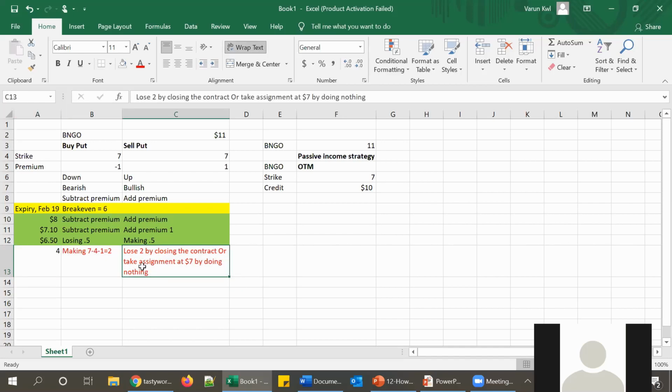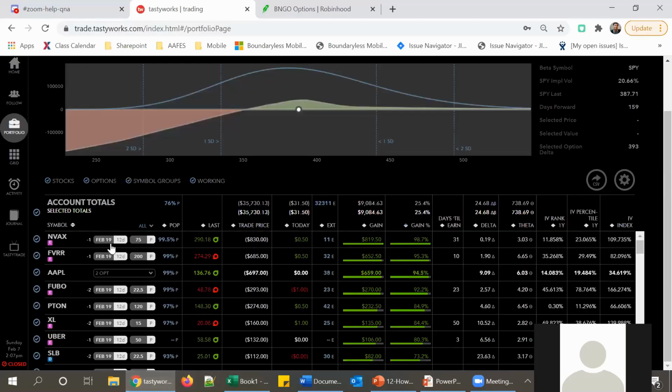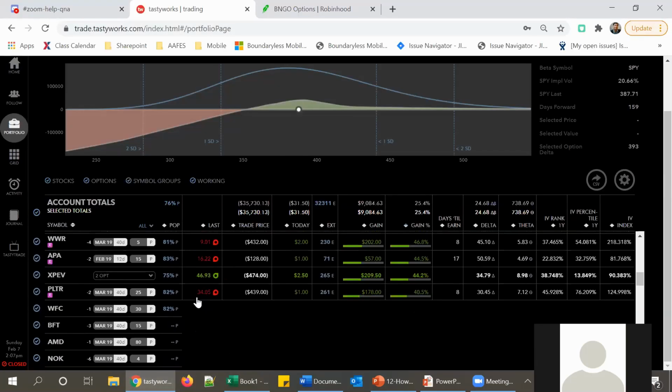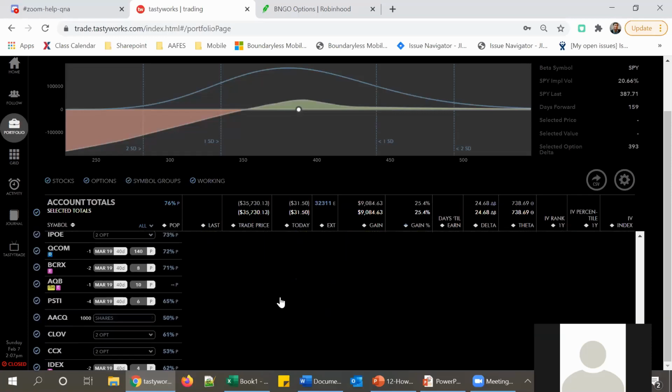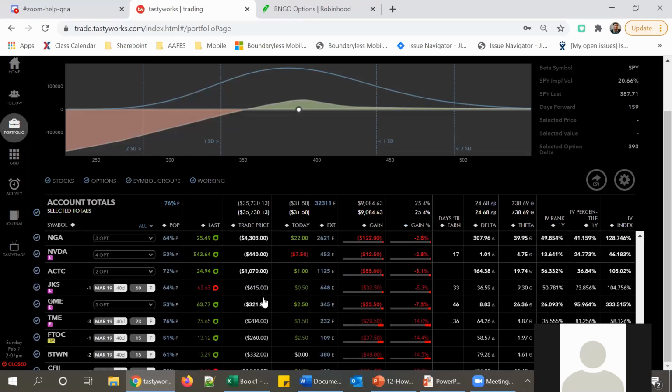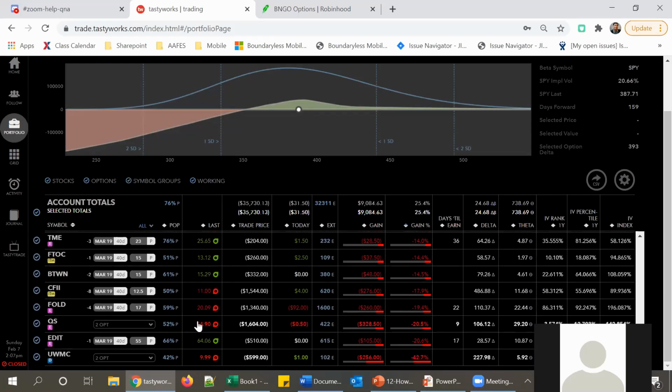Yeah, if you're a seller of a contract, you will either close this contract by losing some money, let's keep $2 here. So you will lose $2 on, let's say, Feb 19th by closing the contract explicitly. You will go in the account and you will say, okay, let me show you an example. I'm also losing in a lot of contracts. So in this particular one, I'm losing a lot.